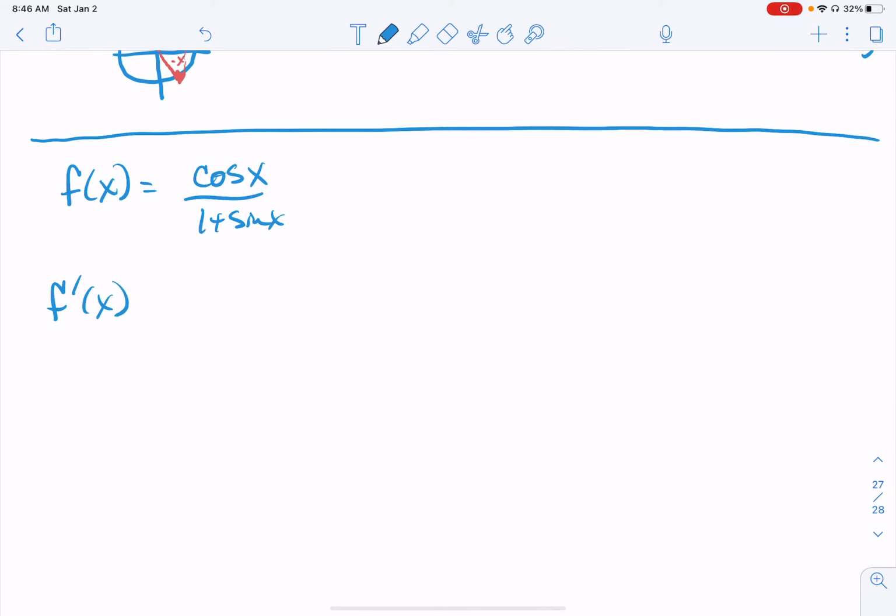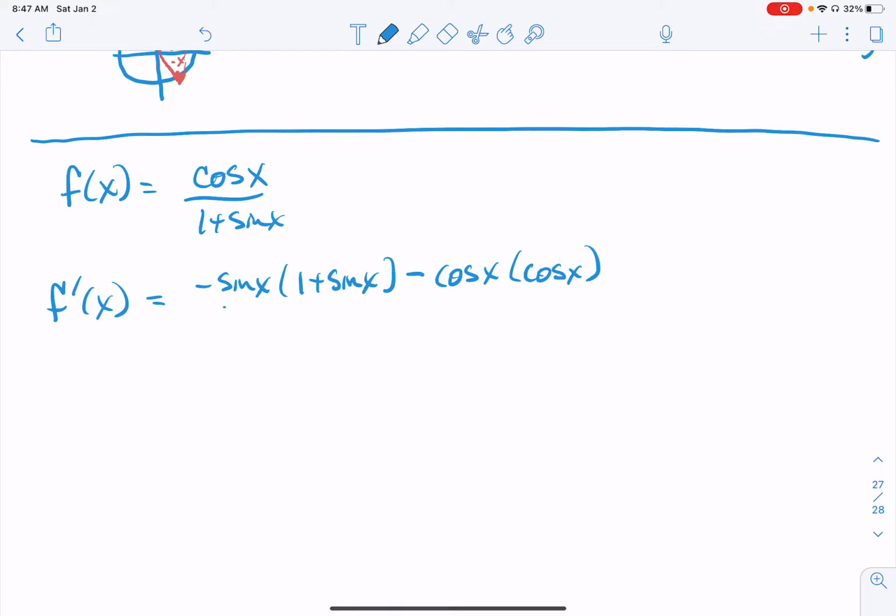So the derivative of the top is a negative sine times the bottom, minus the top times the derivative of the bottom, which is just going to be cosine x, all over the denominator squared. And now let's clean it up.